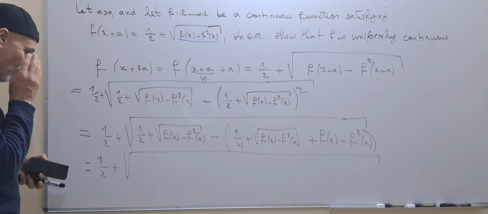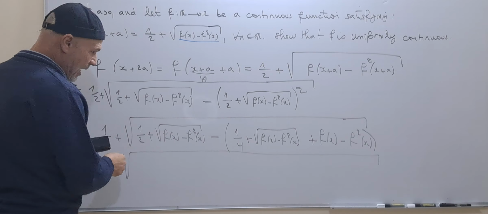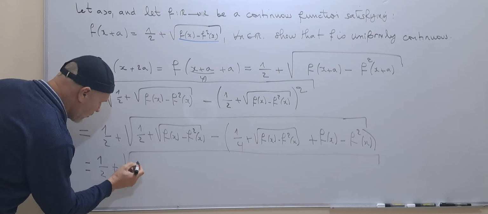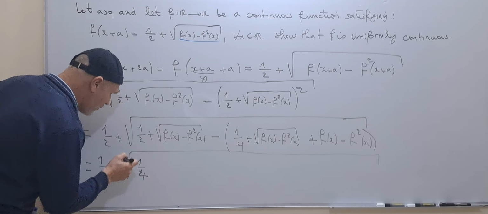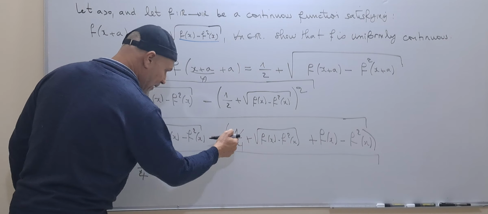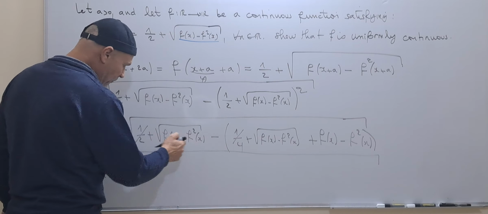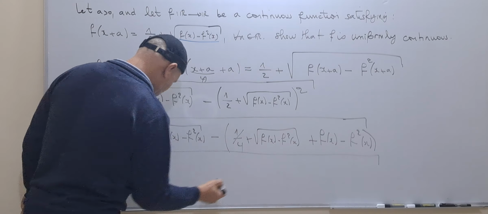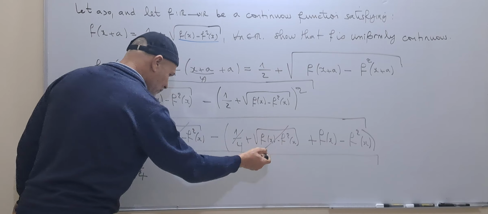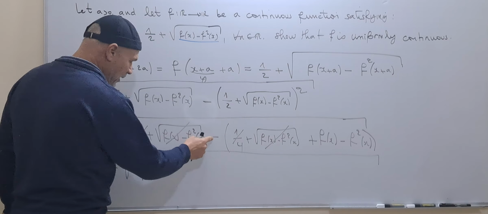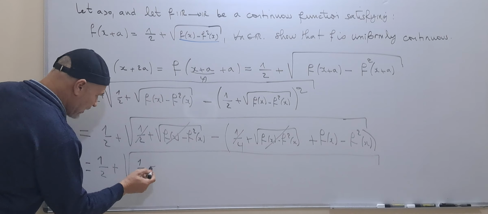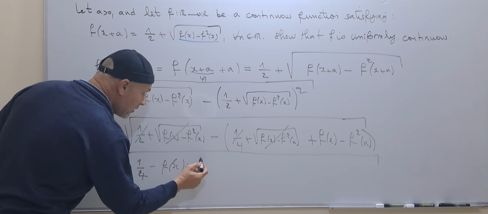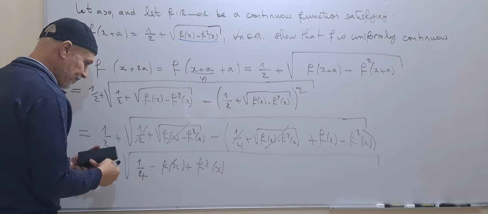Here what we have: 1/2 minus 1 over 4. This is equal to 1 over 4. So this is okay with the minus. We have the square root of f minus f square minus the square root of f minus f square. So this will cancel. And we have minus f of x plus f square of x.